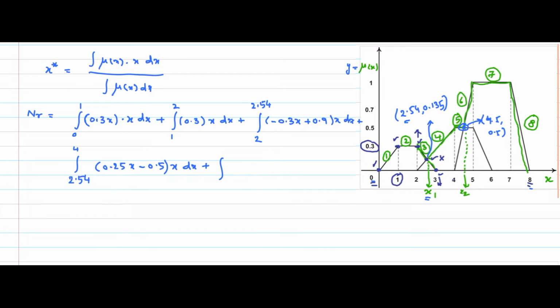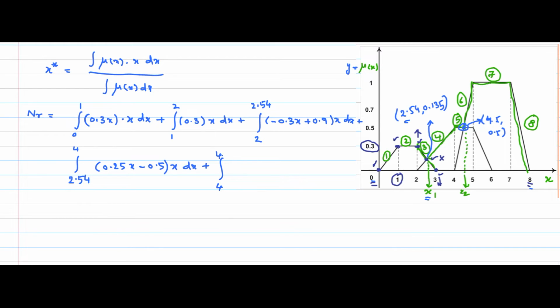The fifth equation is from x equal to 4 to x2. What is x2? x2 is solved and its value is 4.5.